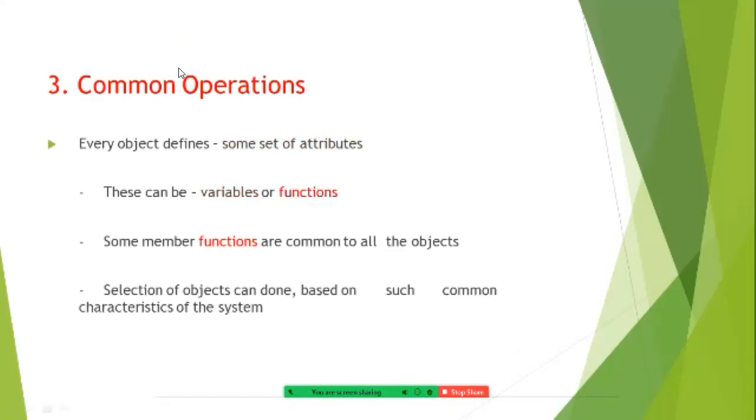Third is common operations. In that, every object defines some set of attributes. These can be variables or functions. Some member functions are common to all the objects. Selection of an object can be done based on such common characteristics of the system.